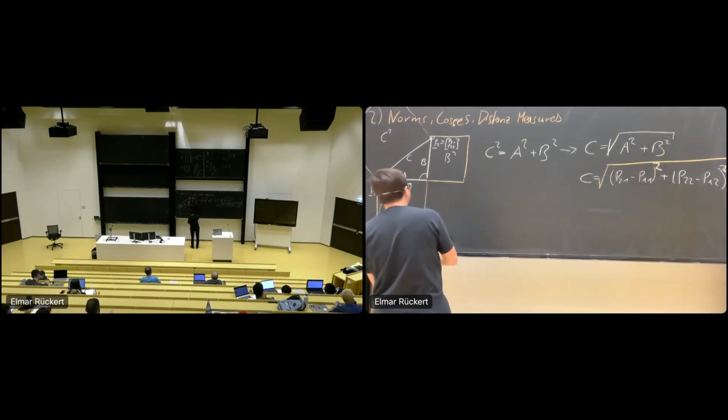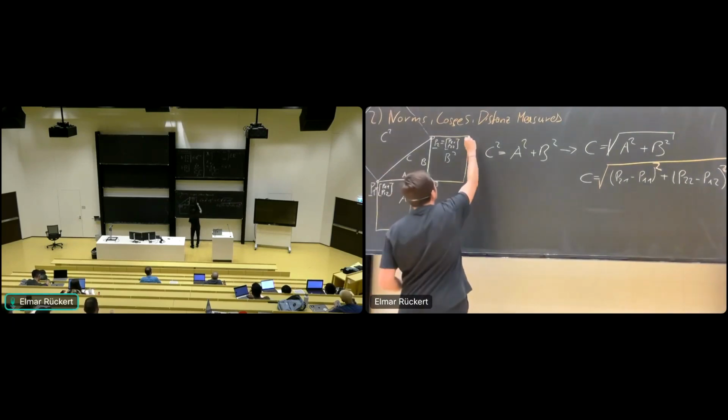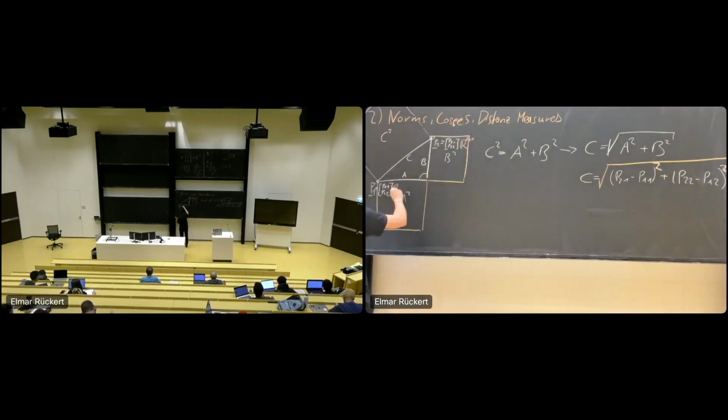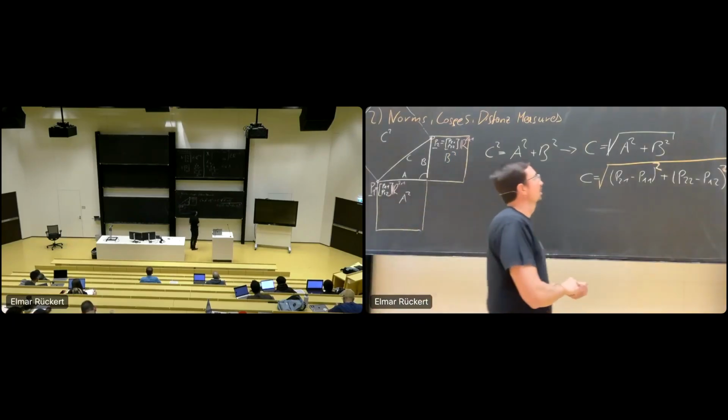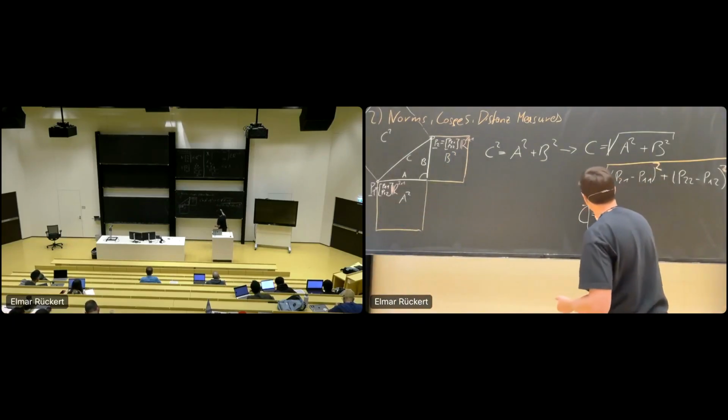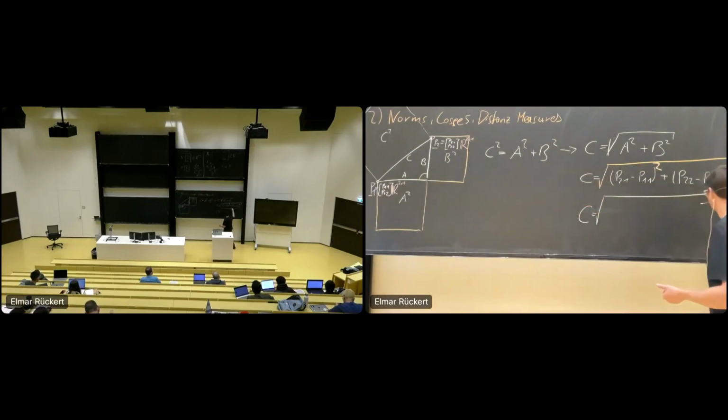Let's start by defining dimensions. That always helps. So I know that C is given by the square root of something which has to be of which dimension? Whatever is inside the square root has to be of which dimension?